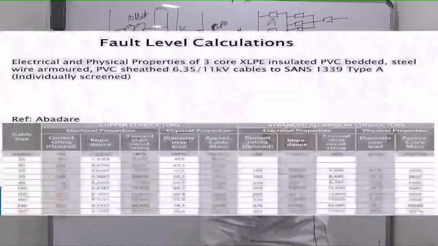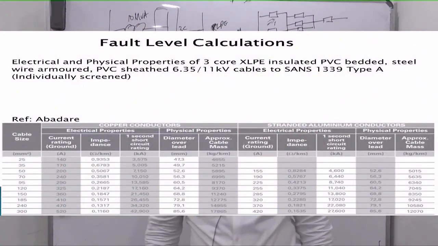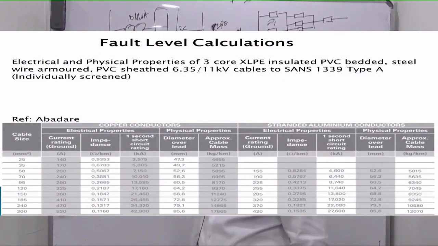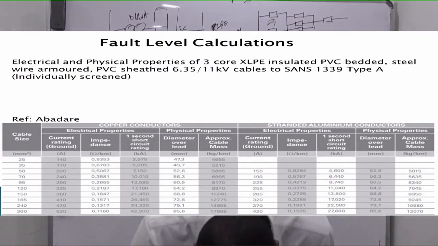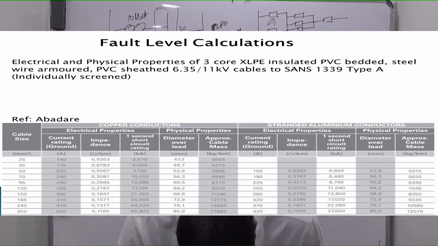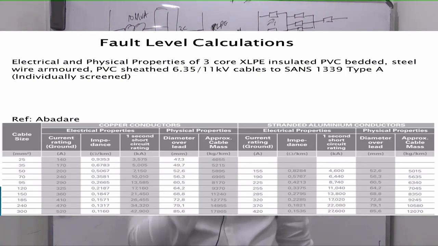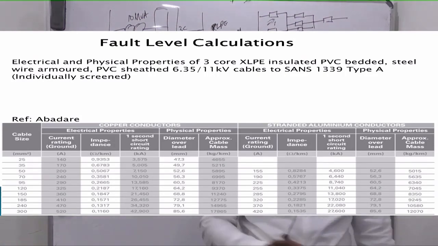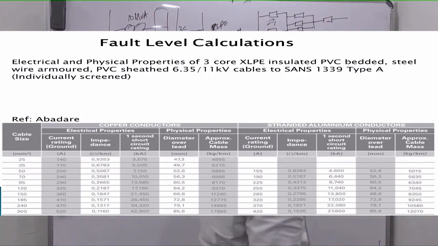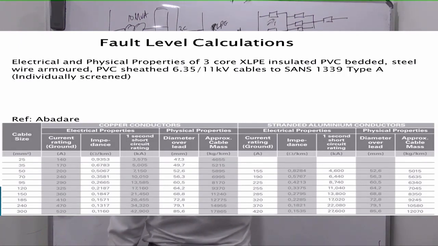Look for the impedance for the 150 square millimeter cable, which is 0.1847.